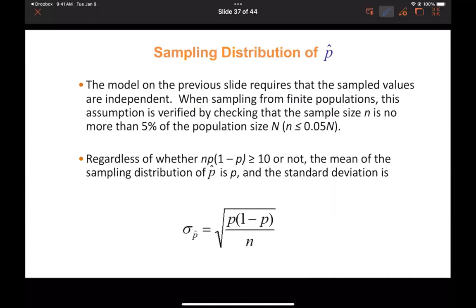Because if our sample size gets too large, when you're taking lots of samples, you're going to be sampling a lot of the same people or same things. So your sample size cannot be more than 5% of the population. That makes sure that the sample values are independent. We can only guarantee that the samples are independent if it's less than 5% of the population. I'm not going to give you any that are not less than 5% of the population, but keep this in your noggin that it has to be a thing.